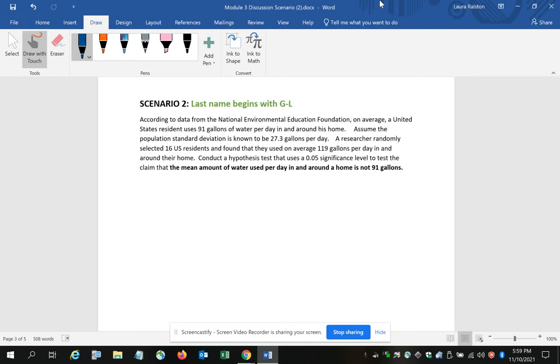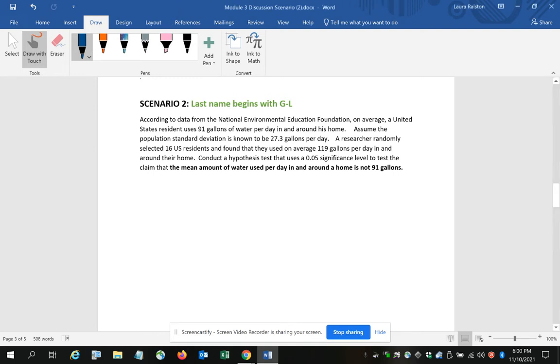A researcher randomly selects 16 U.S. residents and found that they used on average 119 gallons per day in and around their home. Conduct a hypothesis test that uses a 0.05 level of significance to test the claim that the mean amount of water used per day in and around a home is not 91 gallons.